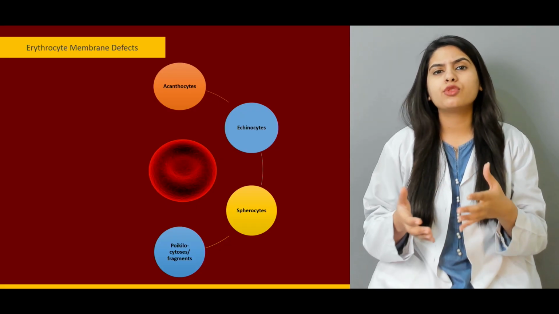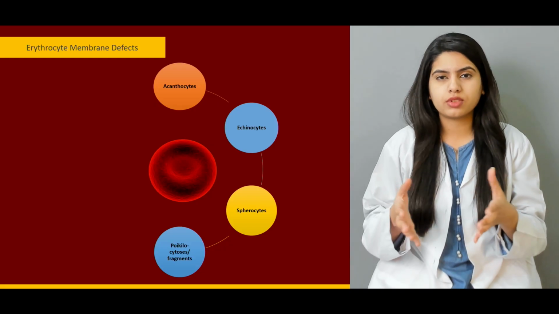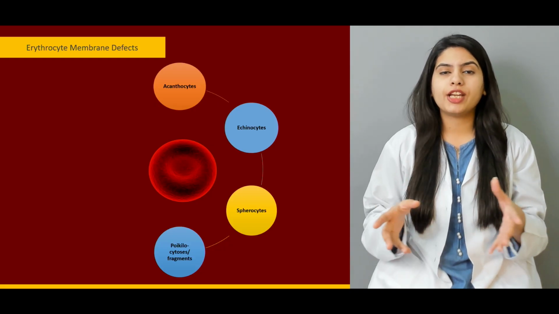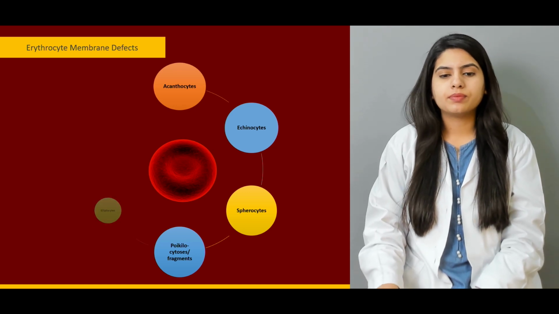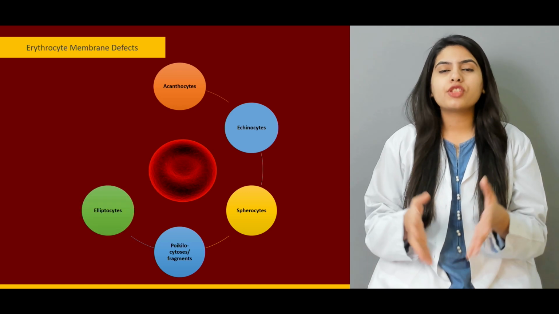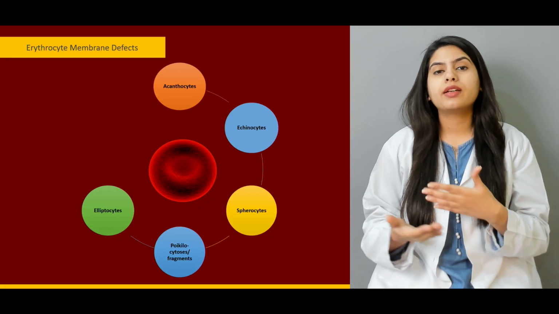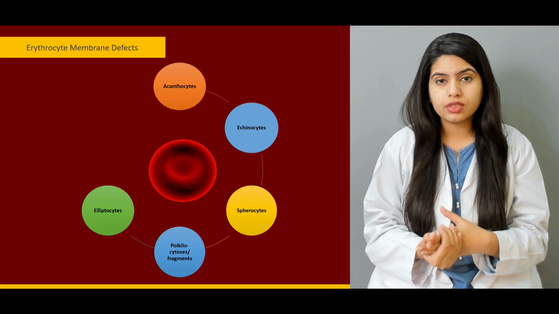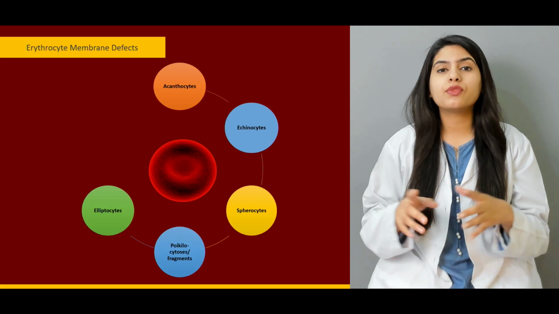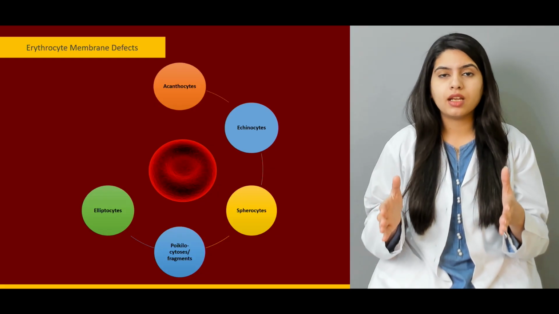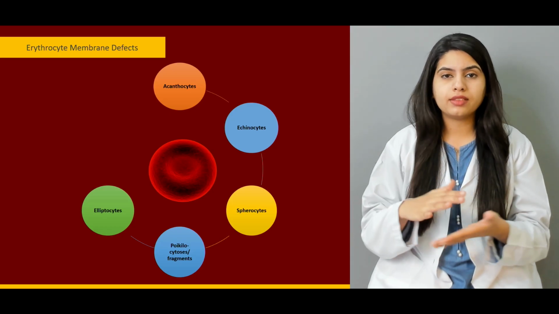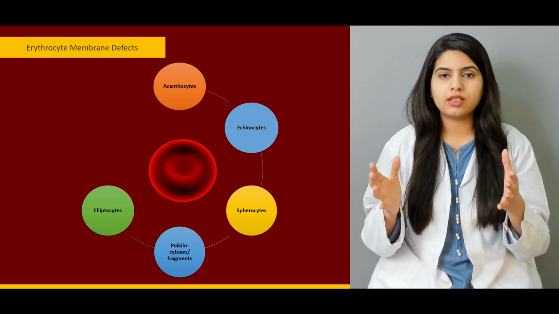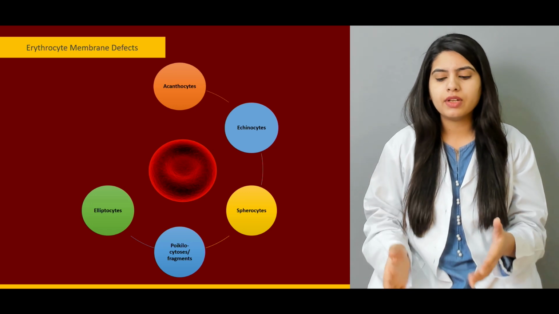I told you in the previous lecture that poikilocytosis means irregularly shaped red blood cells that appear during anemia. Then there are elliptocytes, which occur in elliptocytosis. In elliptocytosis, there is formation of elliptical red blood cells that are more flat as compared to the normal cells, which are disc-like and biconcave.